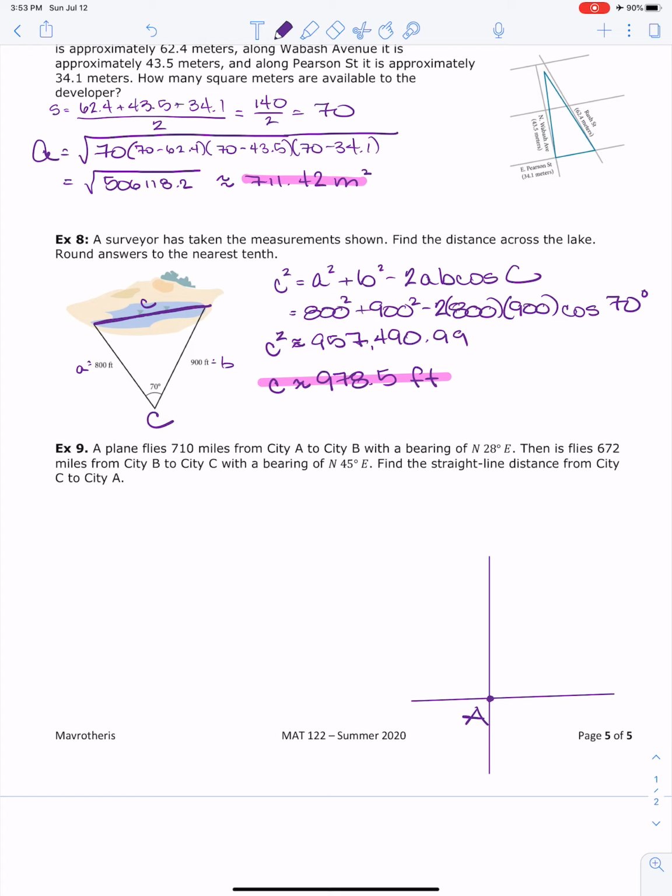So we fly from city A to city B with a bearing north 28 east. So again, straight up is our north. West is to the left, east is to the right. And so we're 28 degrees to the east off of north.